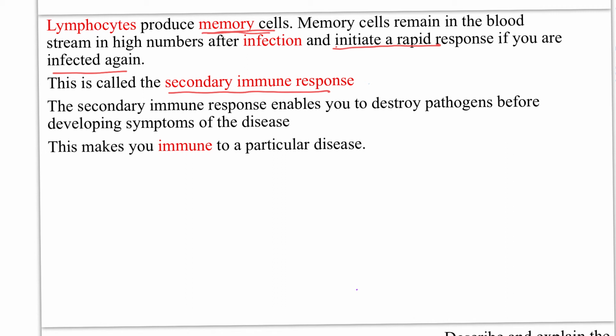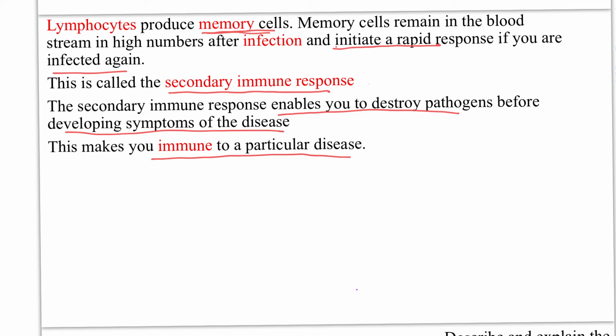So these memory cells essentially provide you with immunity against a particular disease. It enables you to destroy the pathogens before developing the symptoms of the disease. This is really important. Some students mistakenly say it provides you with immunity from the pathogen.